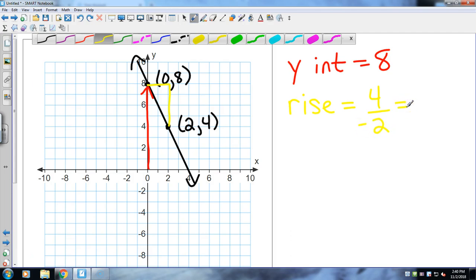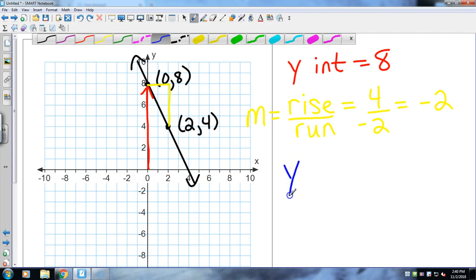Now I can simplify that. 4 divided by -2 is -2. So if I have a slope of -2 and a y-intercept of 8, let's go with blue here to finish it off.